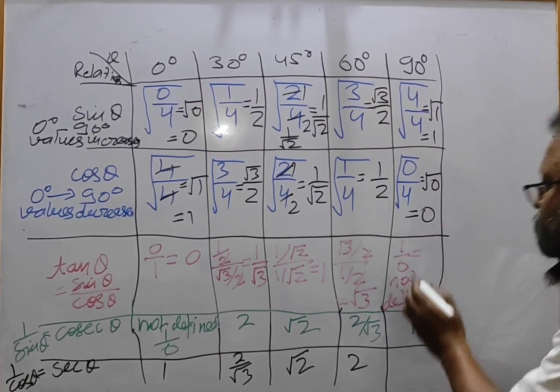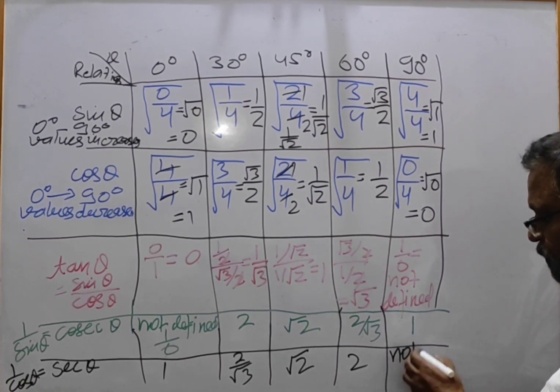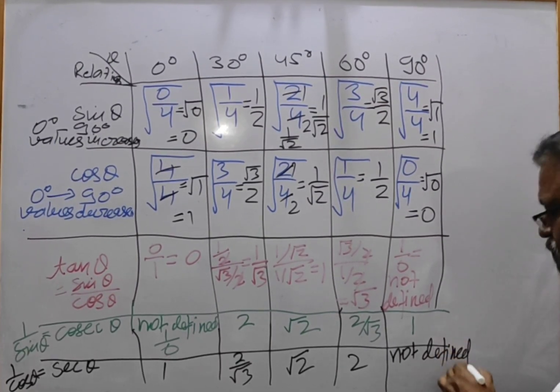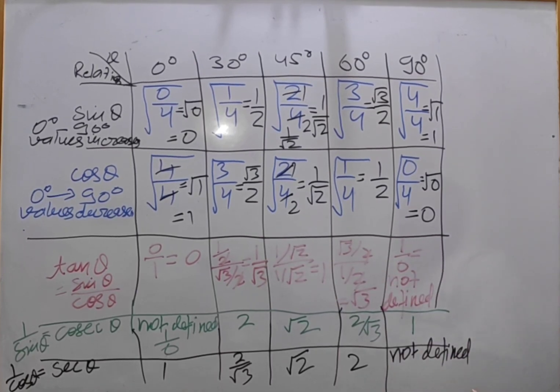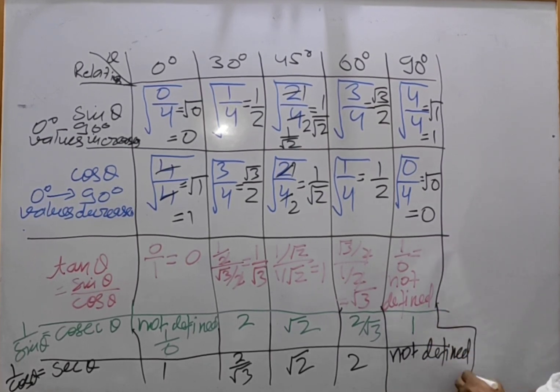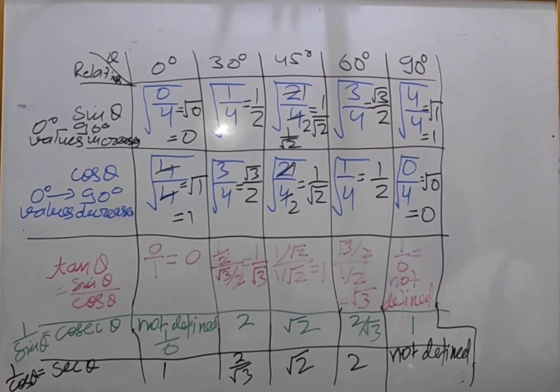And then again we get 1 upon 0, not defined. Similarly, you can go with cot theta. So this is the way how you can remember the values of the table for a longer time. I hope you understand.